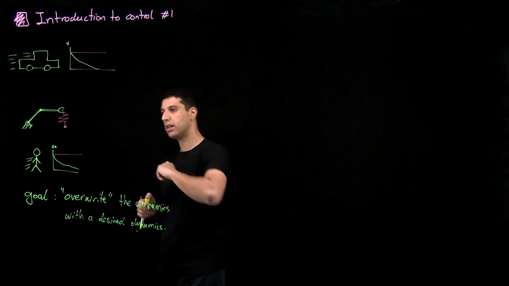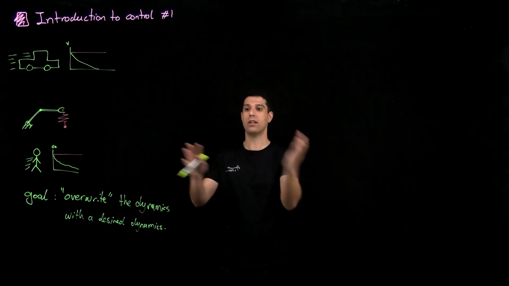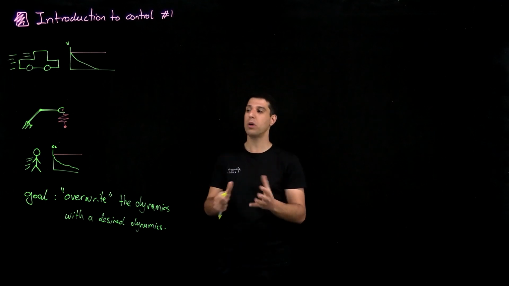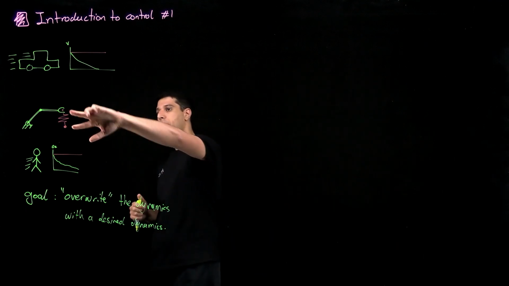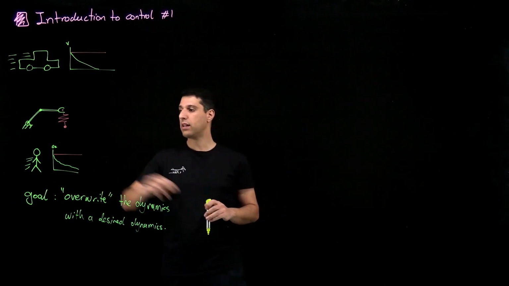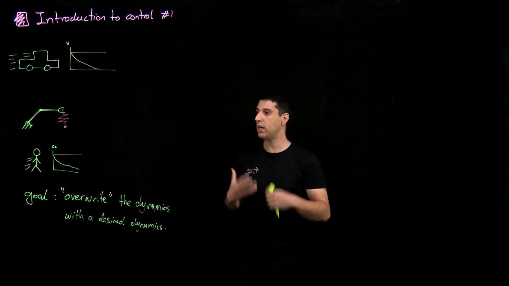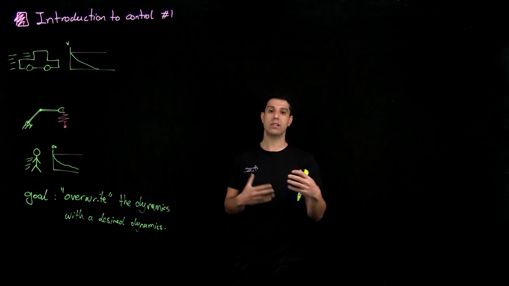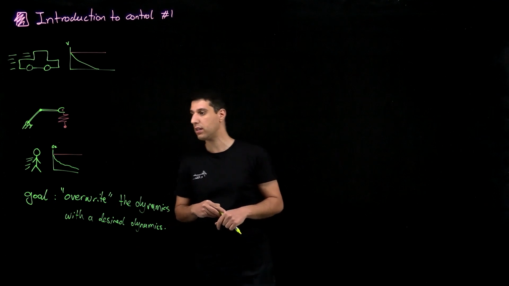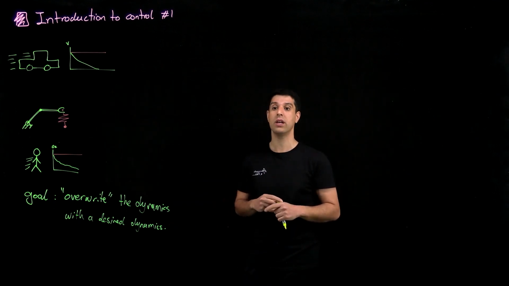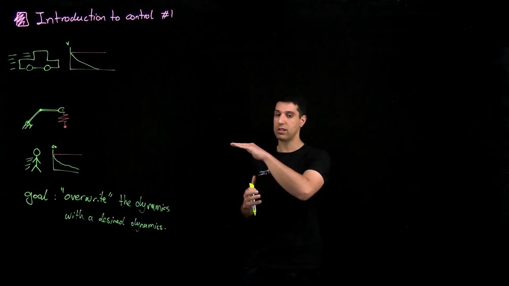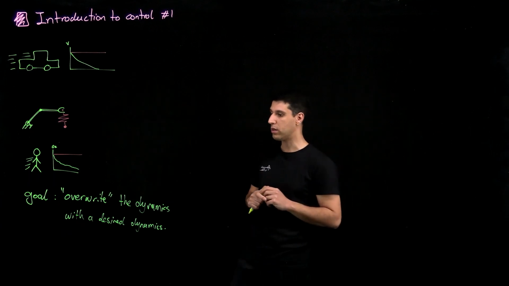In the other example, we want to take the nonlinear dynamics of the robot and, through control, replace it by the dynamics of a virtual spring and damper. And in the last one, the body overrides the up and down dynamics of the respiration and oxygen concentration with a system that essentially has a constant response.